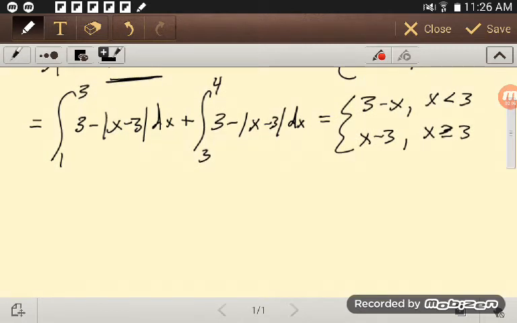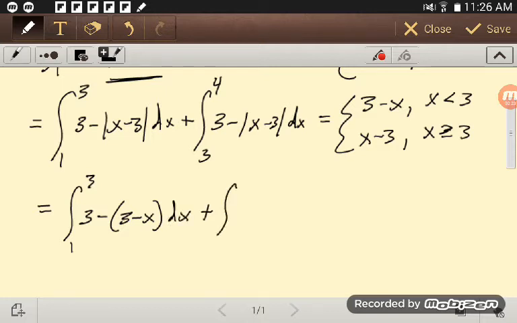And so then we toss in our definition. This is the integral from 1 to 3, and we have a 3 minus x, so this is 3 minus 3 minus x. Be careful again with negatives. Plus the integral from 3 to 4 of 3 minus x minus 3 dx.